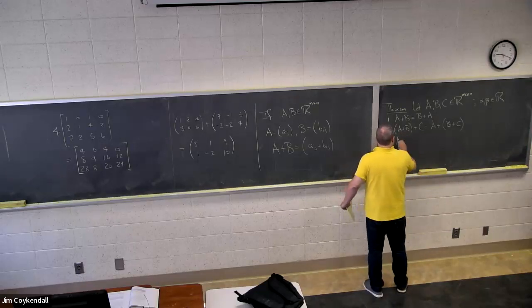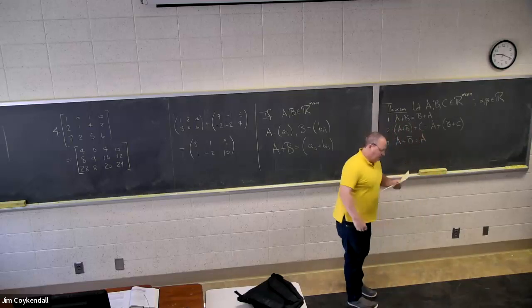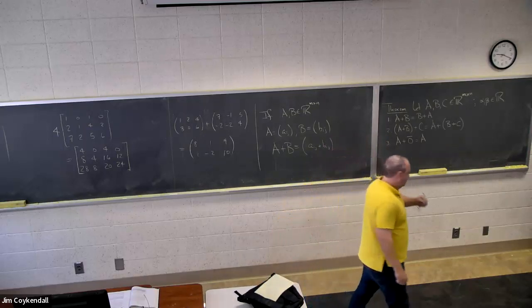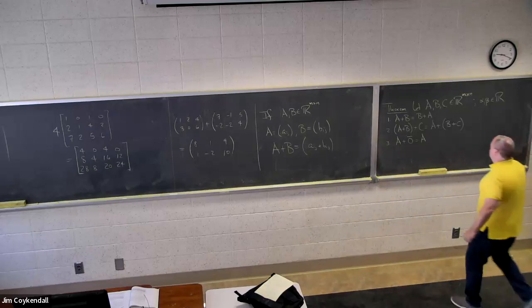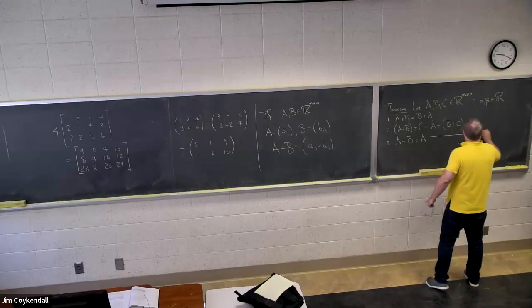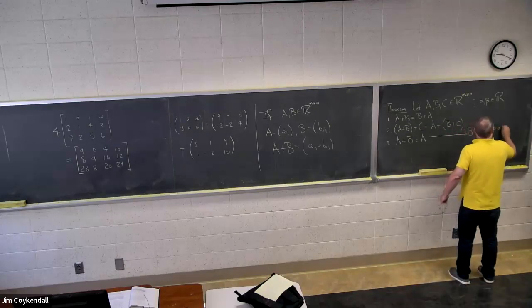3. A plus 0 hat. By the way, what do you suppose I mean by 0 with that hat on it? The 0 vector, and in this case, the 0 matrix. So 0 bar is the m by n matrix with all zeros.